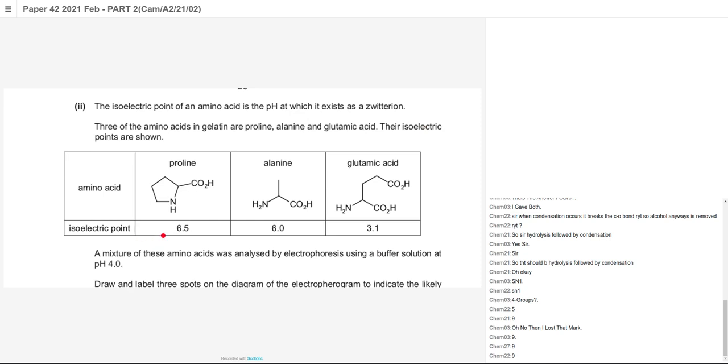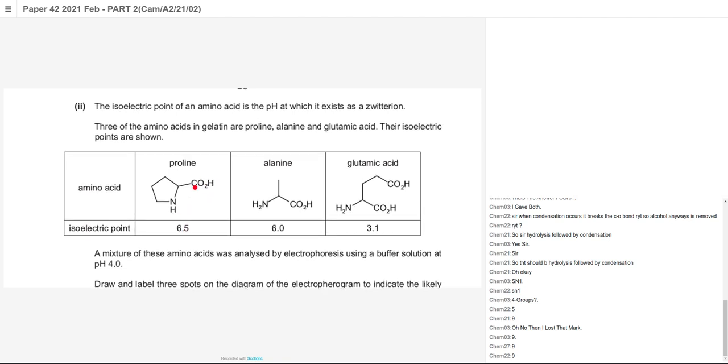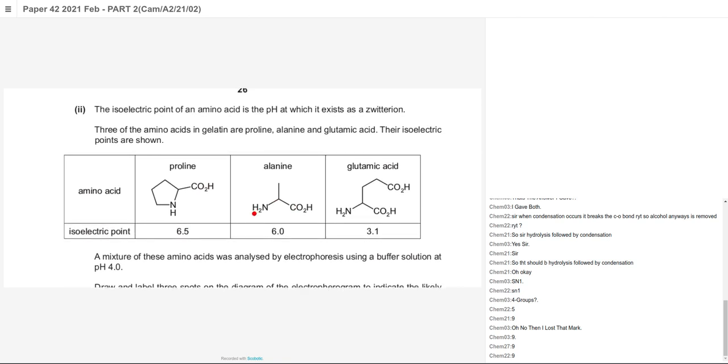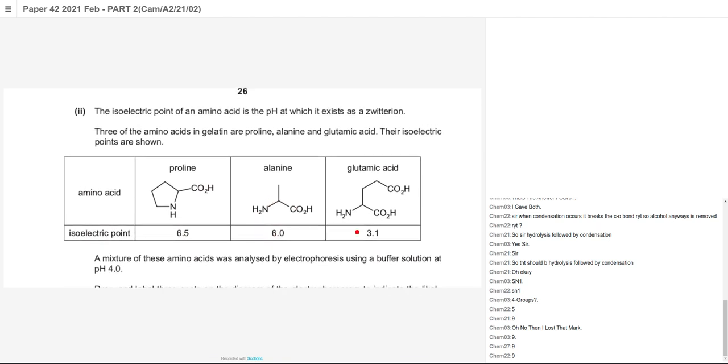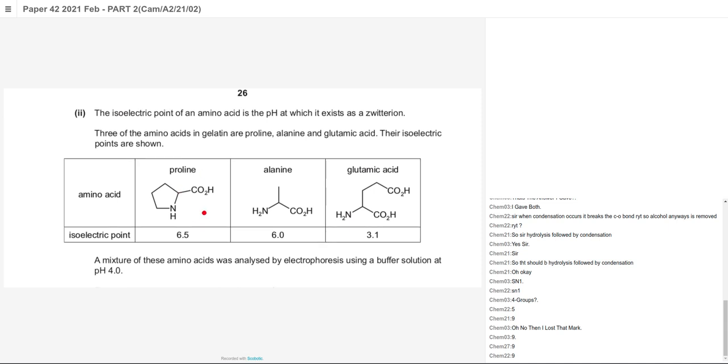Isoelectric point is the pH at which that amino acid exists as zwitterion. That means if you have the buffer at pH 6.5, this will be zwitterion, that means it will be CO2 minus, NH2 plus, CO2 minus, NH3 plus. Right? If you maintain the buffer at this particular isoelectric pH. What's the isoelectric point? That is the pH at which that particular amino acid exists as zwitterion.